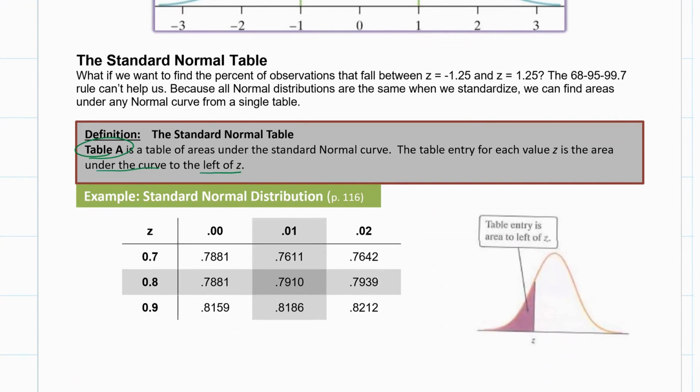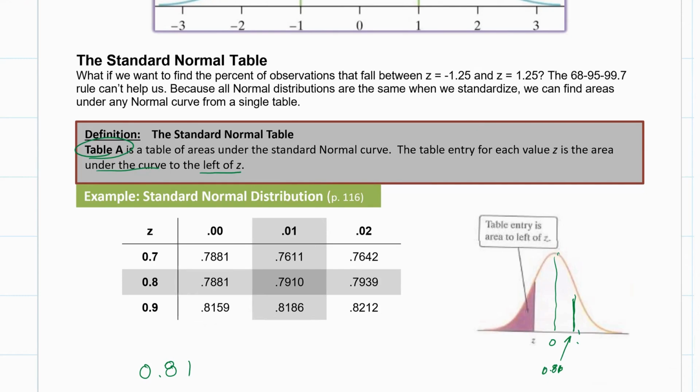So for example, if we look up the value 0.81 on a standard normal table, it says if I go to z equals 0.81, draw a line, go to the left, and stay underneath the curve, that area under the curve. Oh, I'm sorry, that's not where 0.81 is. This is where 0 is. This is where 1 is. 0.81 is actually about here.